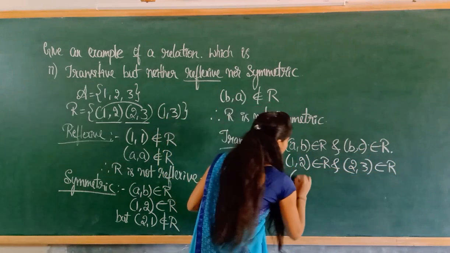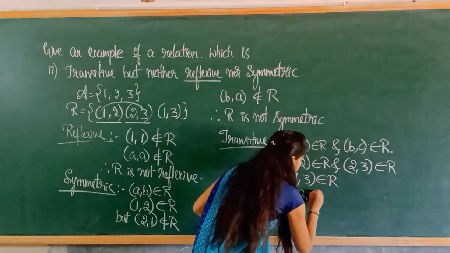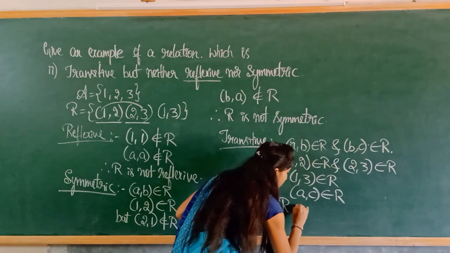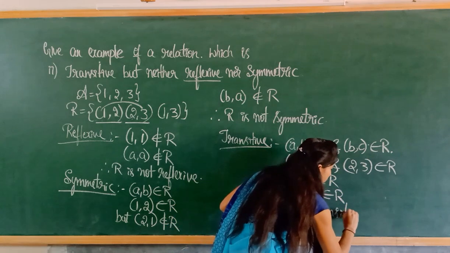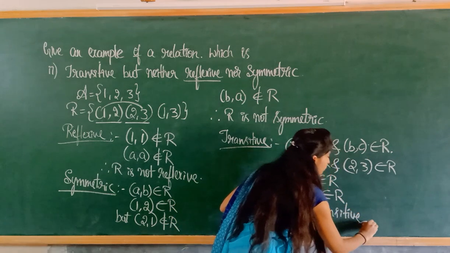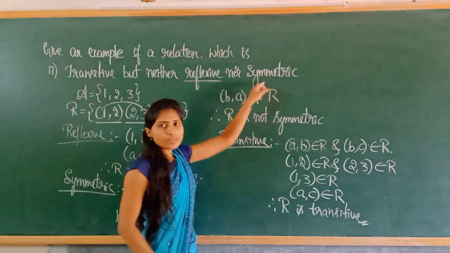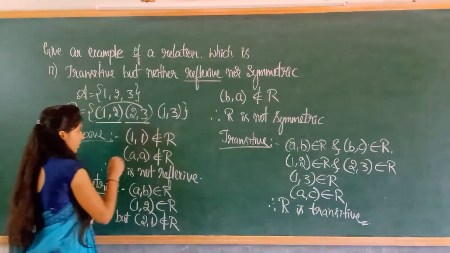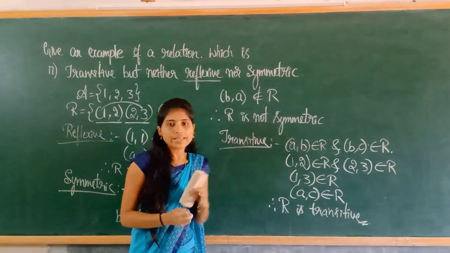So (1, 3) belongs to R. Therefore R is transitive. See here, we have taken a relation that is transitive but neither reflexive nor symmetric. Here we have proved R is transitive but not reflexive and not symmetric. Okay, next problem.